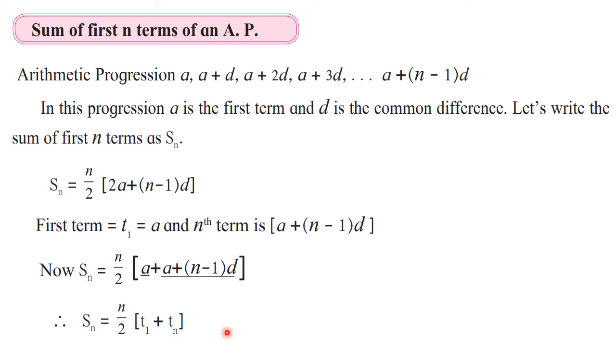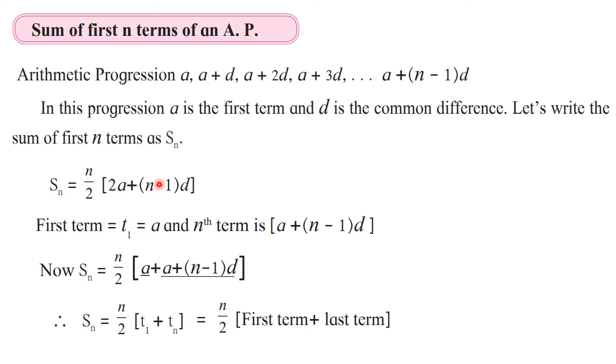Okay. So if we write down this formula in words, how we can write down? Sn is equal to n upon 2 inside the bracket first term plus last term. So this formula is applied, or it can be applied only when you know the first term, you know the last term, and also if you know the number of terms present. As I have said, the bigger formula you can apply even though if you don't know the last term.